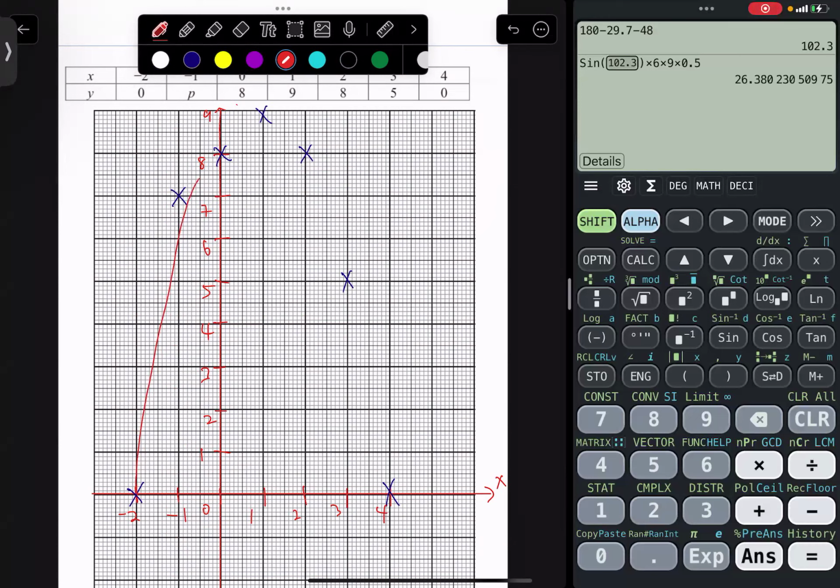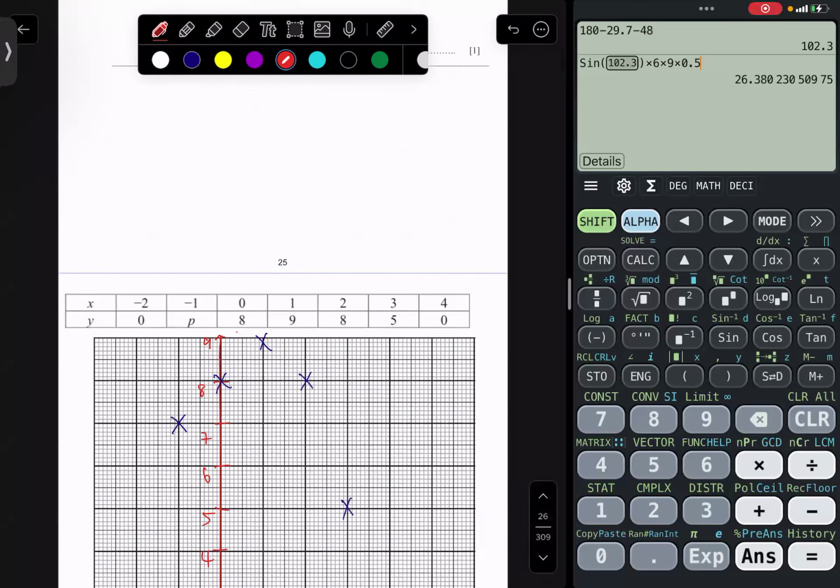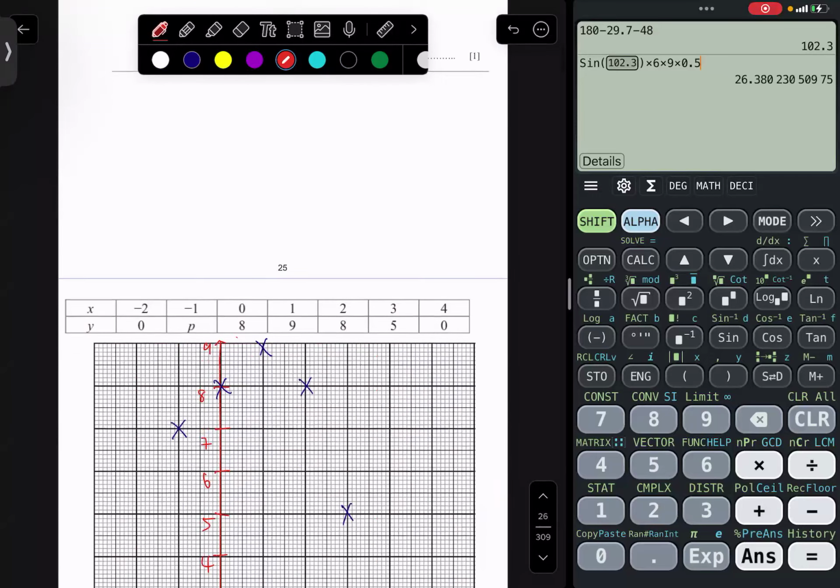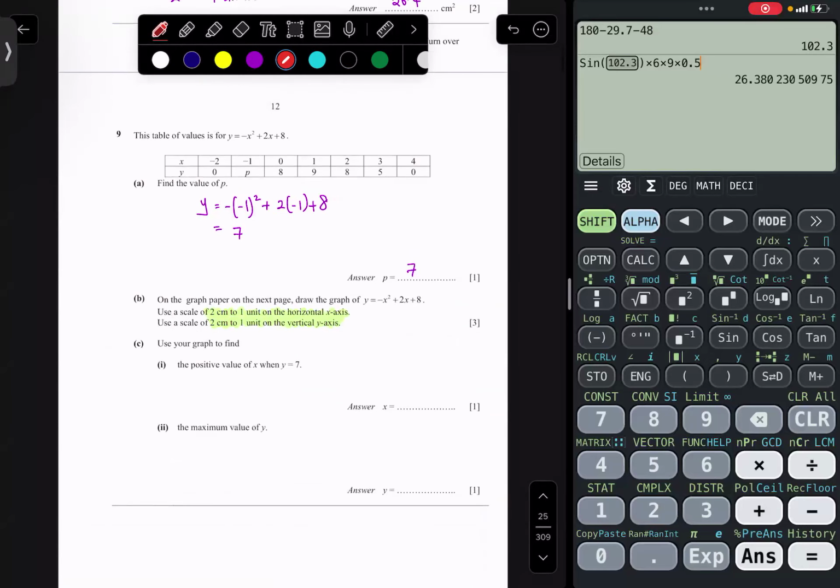Very sharp. Something doesn't look very nice. Did I count the points wrongly? I think I counted the points wrongly. Let me check. Negative 1 plus 8.